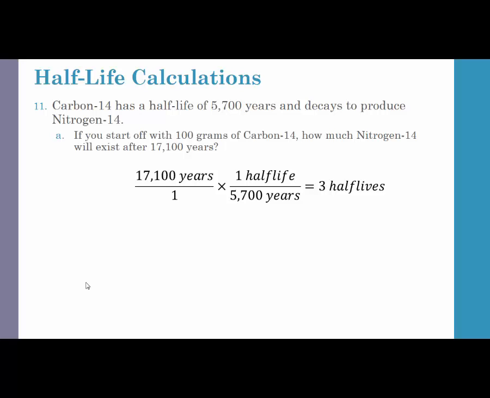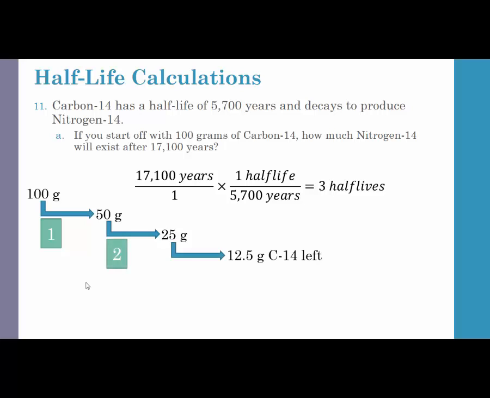So that means I need to take 100 and half it 3 times. So 100 grams of carbon-14, if I half that for one half-life, that's 50. If I half it for the second half-life, that's 25. And then one more half-life means that I have 12.5 grams of carbon-14 left.